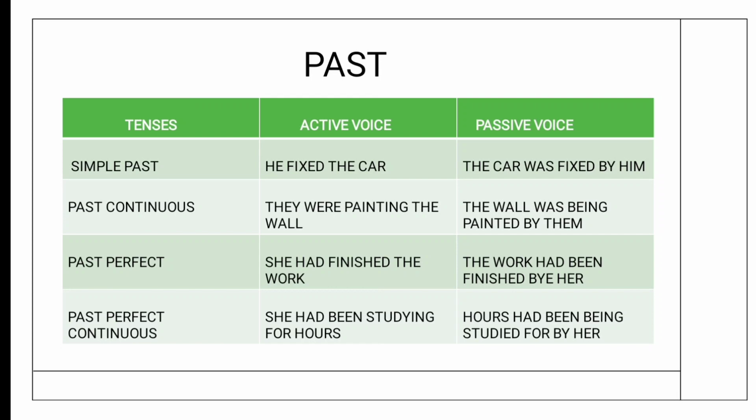Hours had been, and because it is continuous, what do we have to add? We have to add being. Okay, hours had been being studied. V1 plus ing form, the V1 form of the verb study will convert into V3 form. Study, studied, studied. Studying for will convert into studied for, plus by, plus she becomes her. Hours had been being studied for by her.